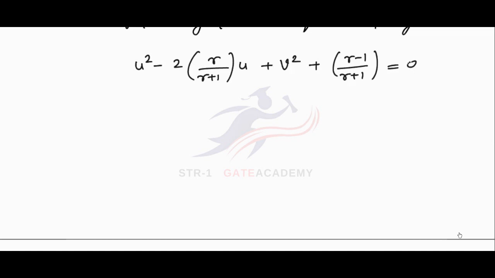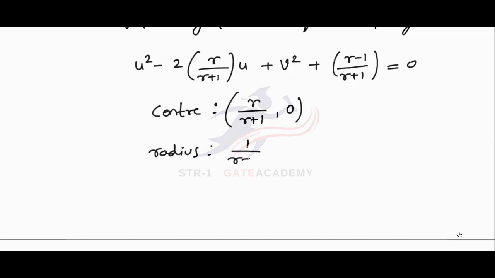This is the equation of a circle, whose center is (R by (R plus 1), 0) and whose radius is 1 by (R plus 1). So we have got this equation when we have equated the real terms.